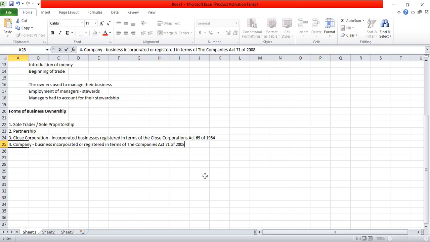All right, so if you register your business in terms of the Companies Act 71 of 2008, then that's a company. So these are the 4 main forms of business that we have in South Africa.